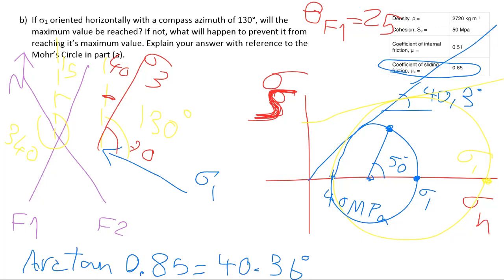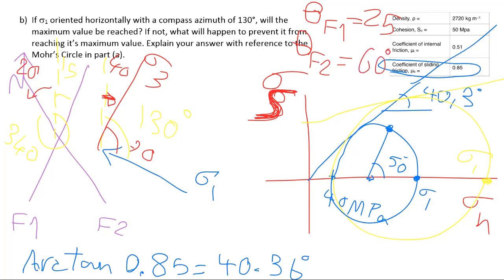We need to find theta for F2. We know from north you have 20 degrees counterclockwise and 40 degrees clockwise, which gives the angle between sigma 3 and the failure plane, which is 60. So I put 60 here.